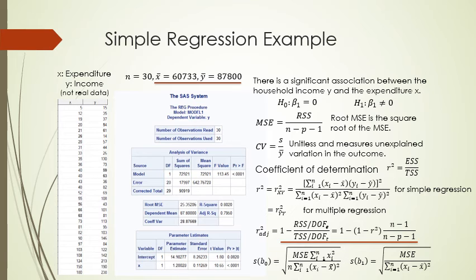The third table is the parameter estimation. In this example, the estimated intercept B0 is 14.9, and the standard error for B0 is 8.26. The standard error may be calculated from the formula here.